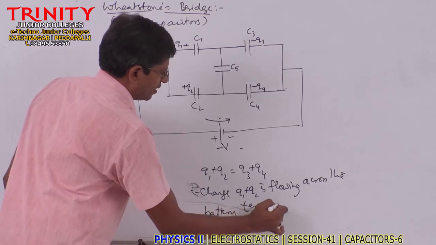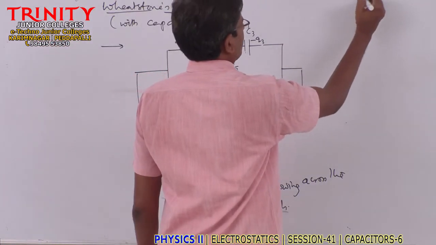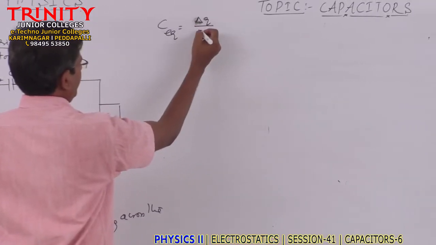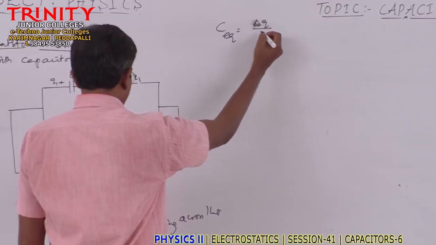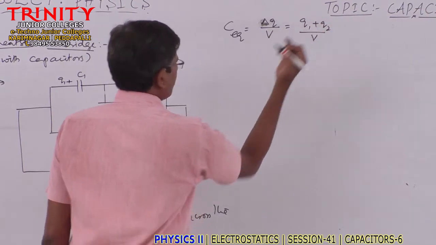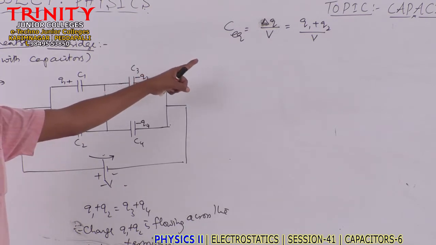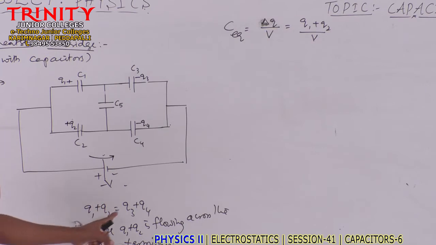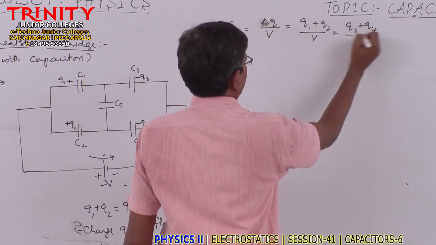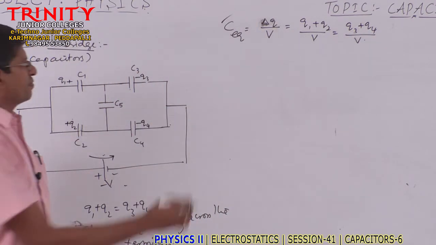So the equivalent capacitance you can write as delta Q, the total charge flowing through the battery terminals, divided by V, but delta Q is nothing but Q1 plus Q2, by V. That means if by some method you can calculate Q1 and Q2, then you can calculate C equivalent. And of course, I said Q1 plus Q2 is equal to Q3 plus Q4. So even if you find Q3 plus Q4, then also you can find the equivalent capacitance. This is one basic idea.